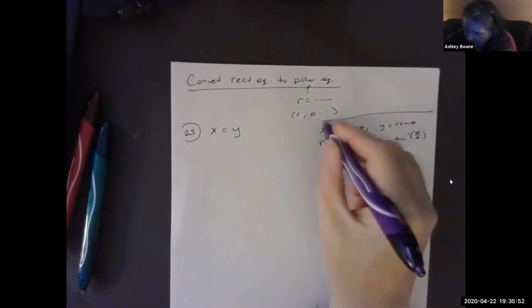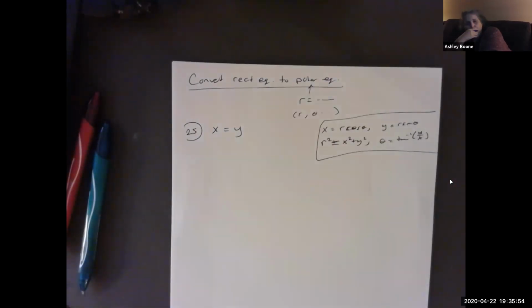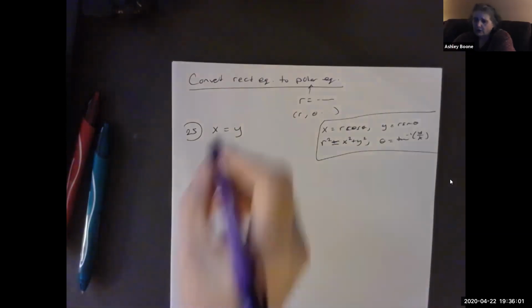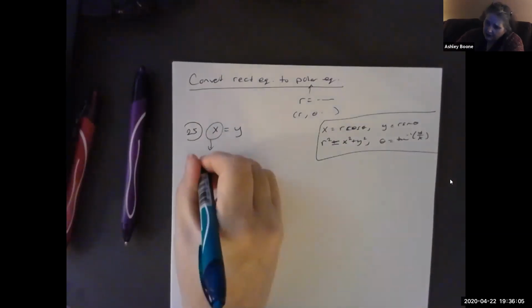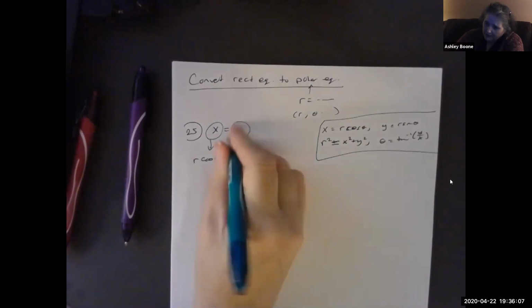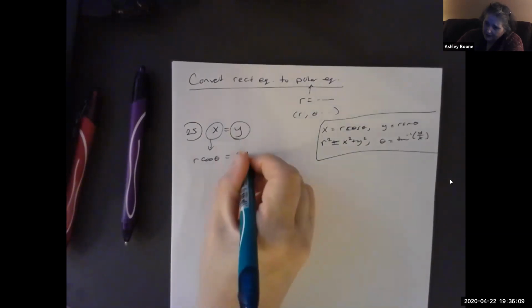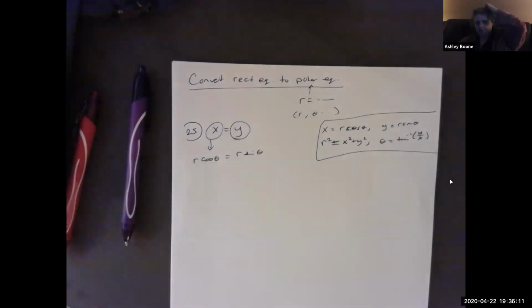That's kind of our toolbox of rules there. We're given x. We want things in terms of r and theta. We know that x is the same thing as r cosine theta. We know that y is the same thing as r sine theta.